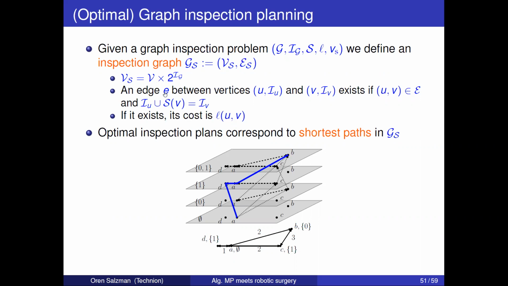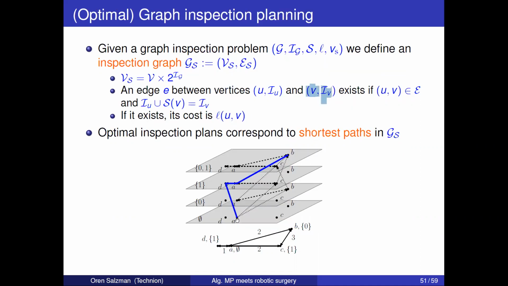And an edge connects two vertices if there's an edge connecting the first components in the original graph, and the points of interest that I saw leading to the source of this edge, added to the points of interest that I see at the target, equal the set of points of interest that I see at this new vertex. So that's very complicated, but the idea is simple.